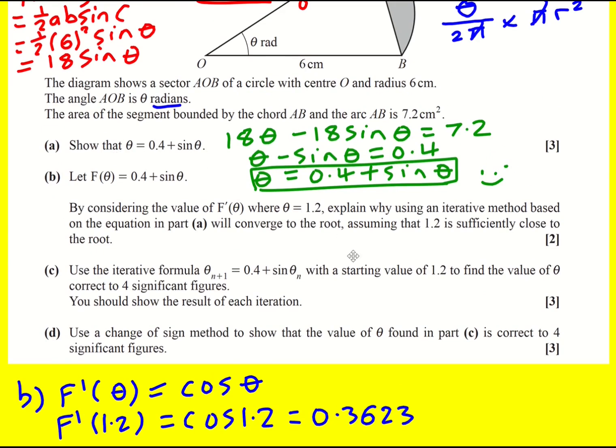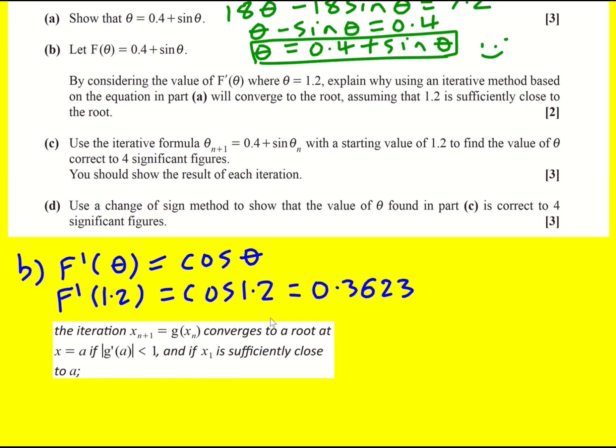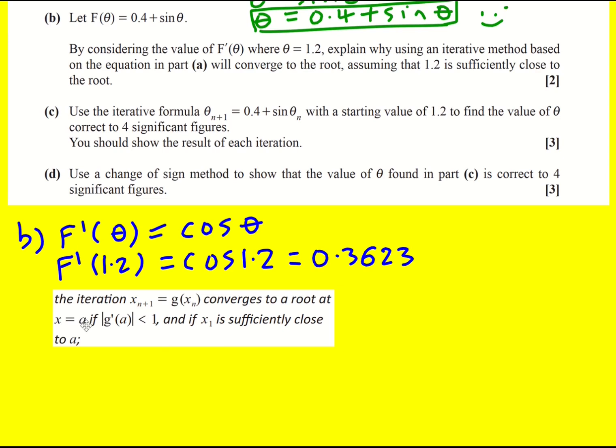It's just we haven't turned it into an iterative formula yet. It converges to a root x equals a if the modulus of the derivative is less than 1, and if x1 is sufficiently close to a. Here a is the actual solution, and x1 is our starting value.